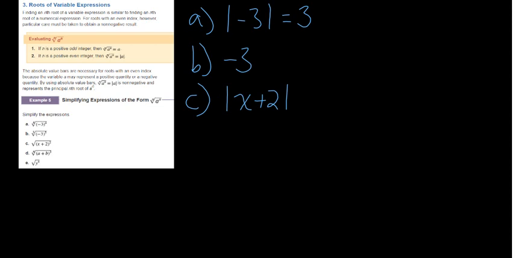We're going to leave it at the absolute value of x plus 2 because we don't know the value of x. Unlike A, where we know for a fact the absolute value of -3 is 3, for C we can't go beyond this because we don't have the information needed. So we have to leave it as the absolute value of x plus 2.